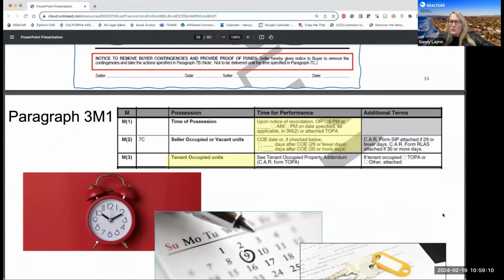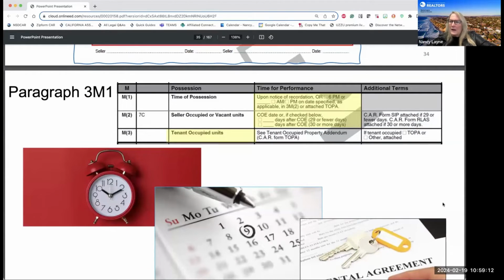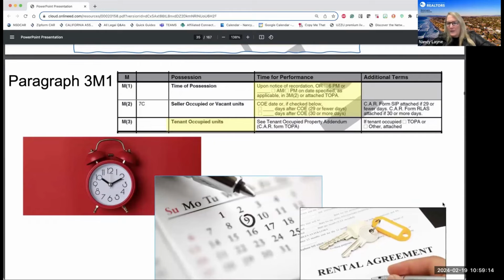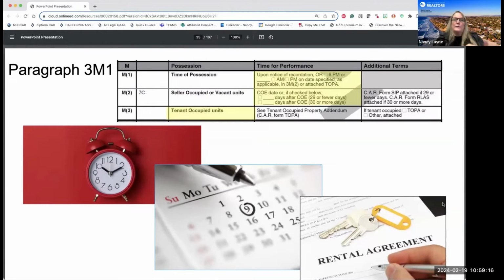This is a new change as well. And this, I don't think it's as common now, but in the very beginning, it caught a lot of people kind of flat-footed. So the time of possession shows that upon notice of recordation. If you don't put a time specific in here, it's whenever that happens. That can be 8 o'clock in the morning or 8 o'clock at night.